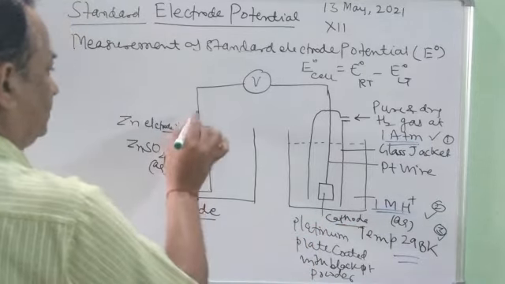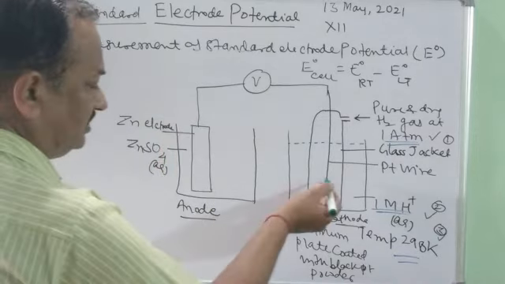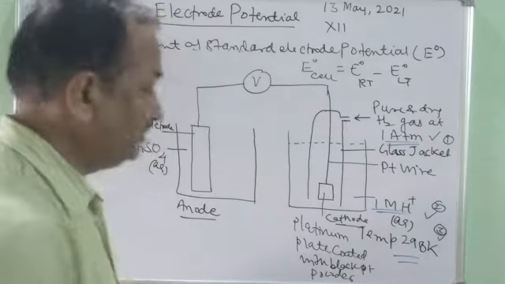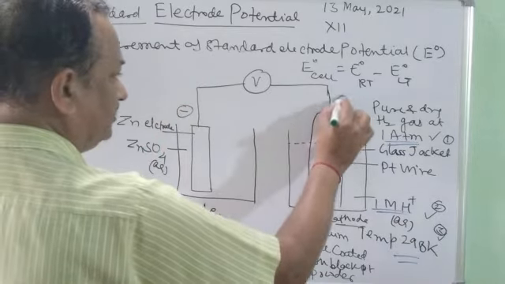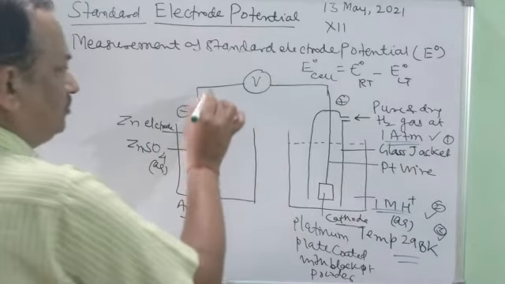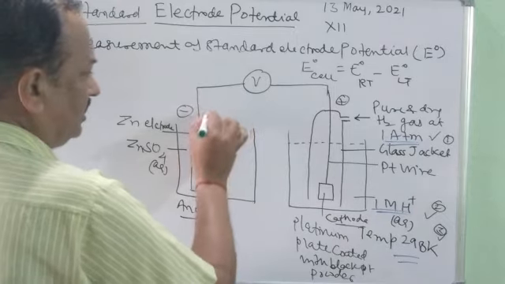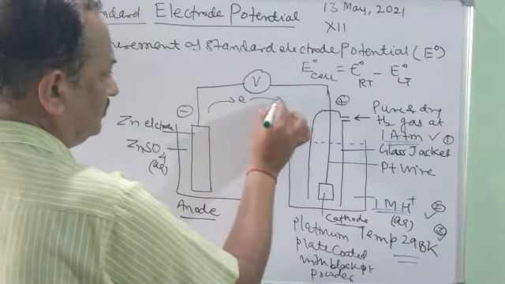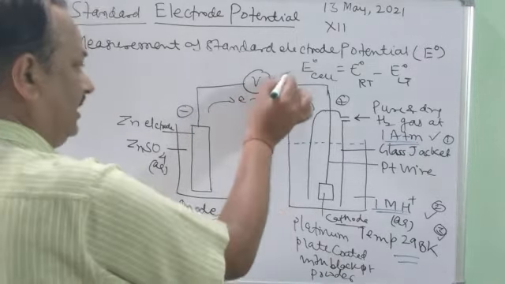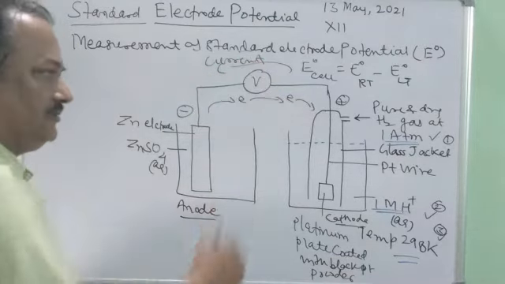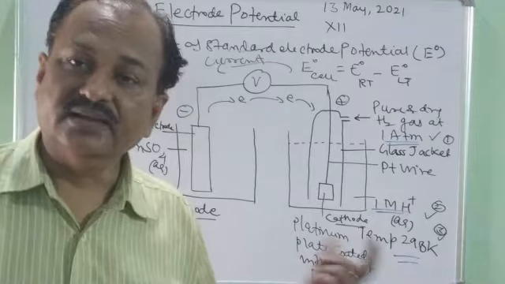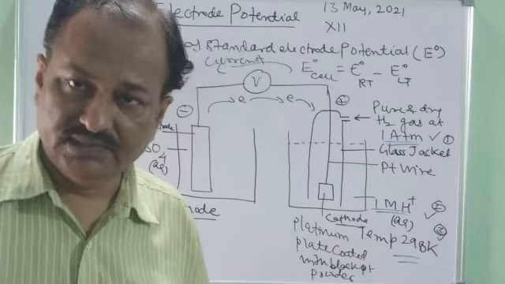Here there will be the oxidation, here there will be the reduction. So it will act as negative, it will act as positive. So electrons will flow like this, and current will flow. Current flows from positive to negative. The direction of flow of current is from positive to negative.